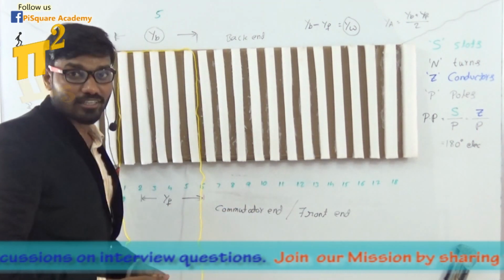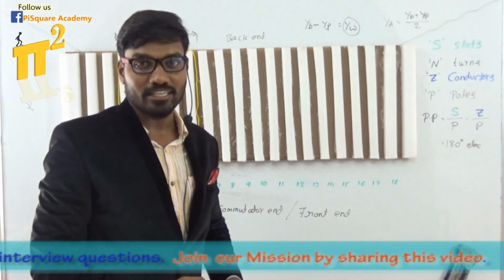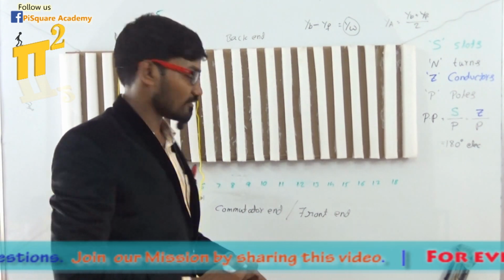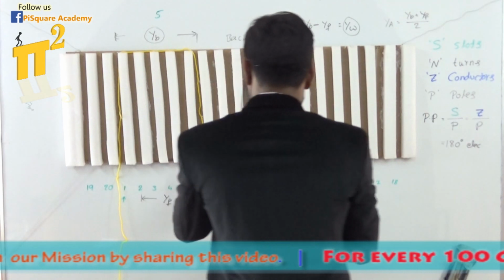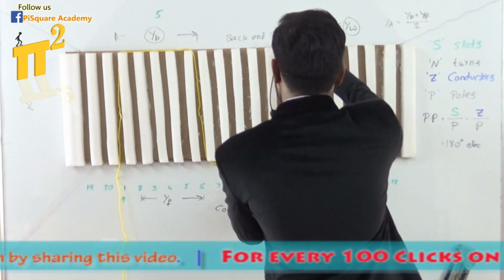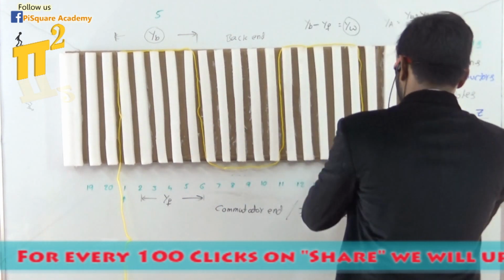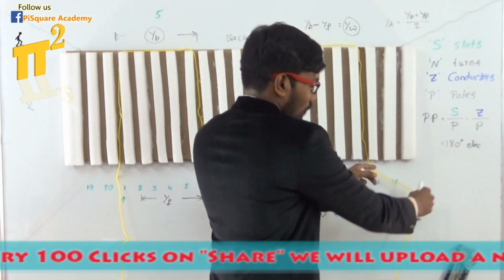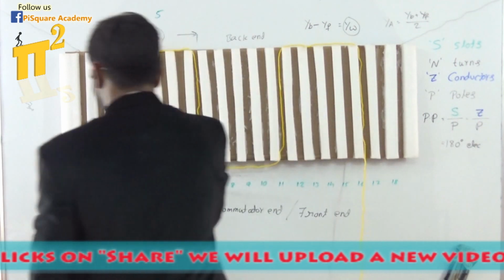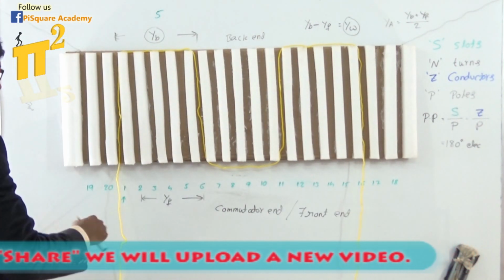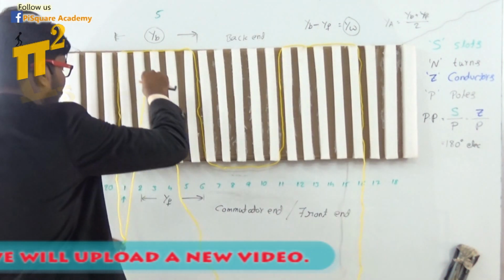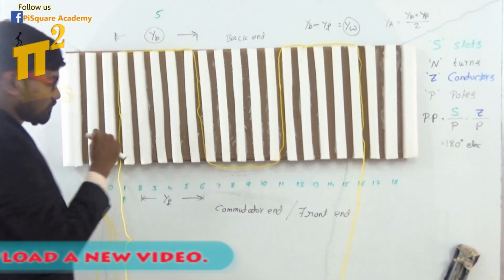Now what if I go for wave winding? In wave winding, what is progressive and what is retrogressive? Let's see. In wave winding, I'm continuing this way. After this, the winding will go and continue here. Can you see?